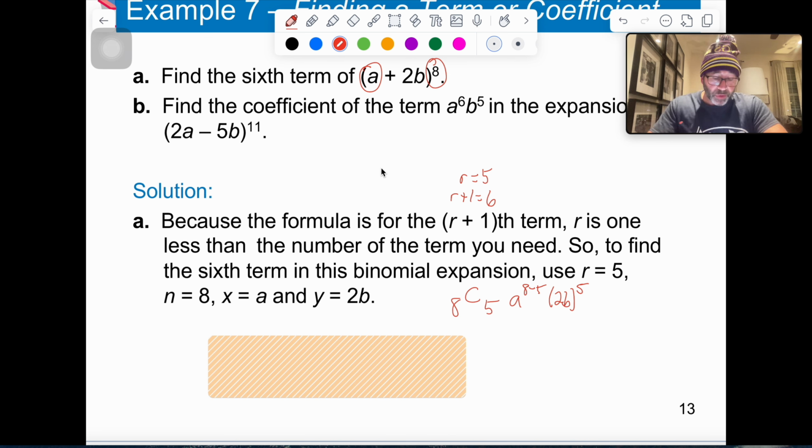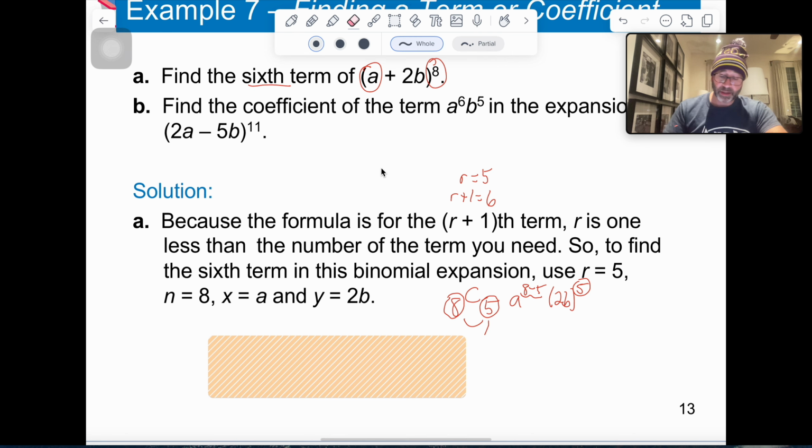Okay? So again, this number 8 is the n. That's the power of this. This value right here is always 1 less than the term they're asking us to find. So if they say find 6, we're going to find the 5th. This portion right here is always going to be subtracting these two. And this portion right here is going to be the r value, which is this second part that's right there. That's it. So that's the formula, okay?